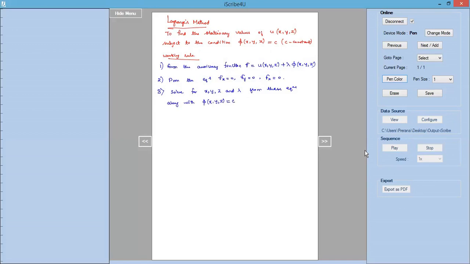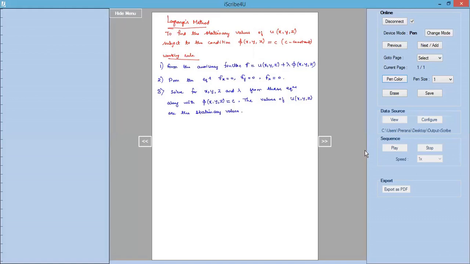And the values of u of x, y, z are the stationary values.